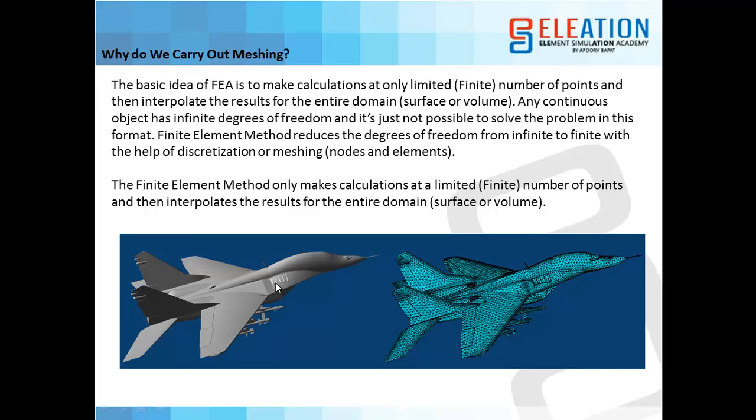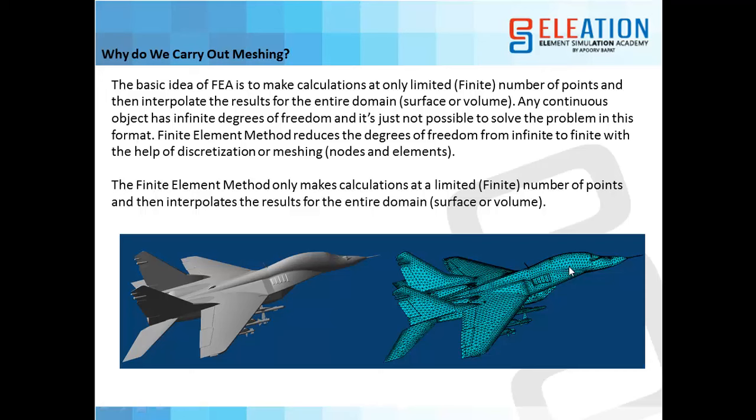While the finite element method reduces the degrees of freedom from infinite to finite with the help of discretization or meshing, that is creating nodes and elements. So we create some nodes and elements. Actually, we discretize this model into some calculation points, and then the software calculates the values of, say for example, stress, displacement, strain, temperature, whatever output we want, at those limited number of points.